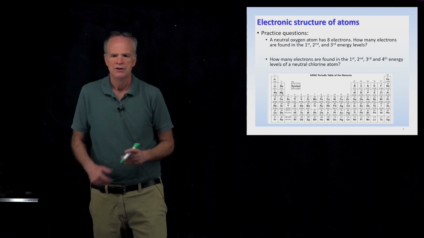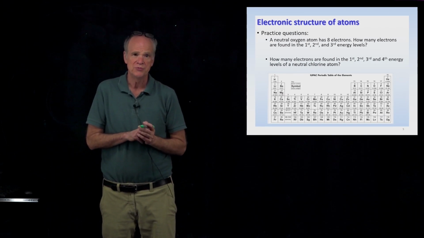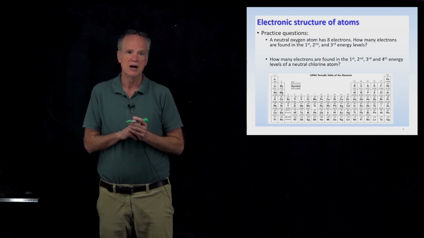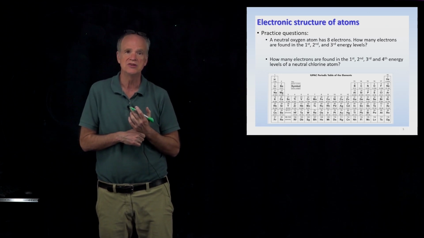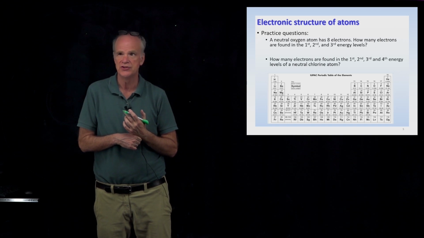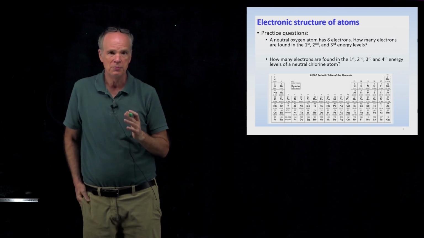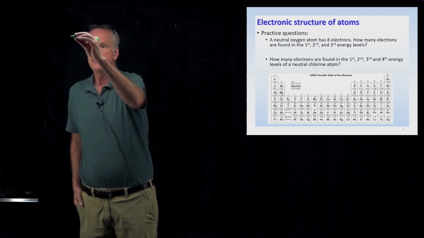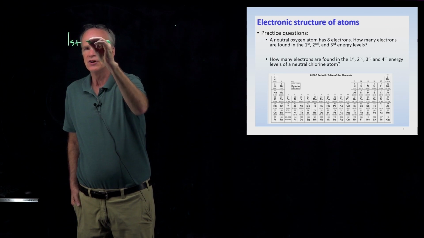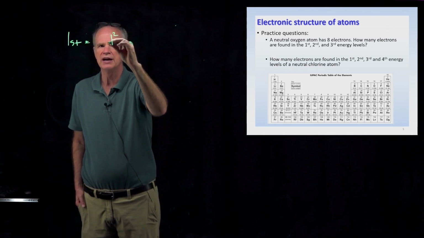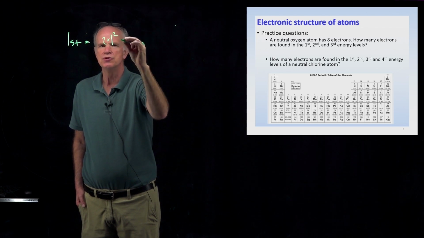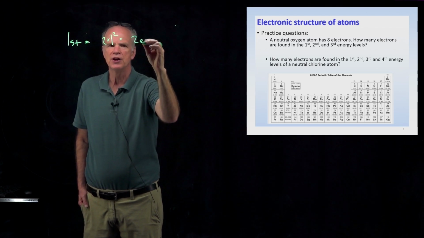Okay. So there are a number of ways we can solve the problem, but what we might want to do is first recount how many total electrons can be found in each of these energy levels. I'm hoping you can go ahead and figure out that for the first energy level, it would be 1 squared times 2, which is a total of 2 electrons.